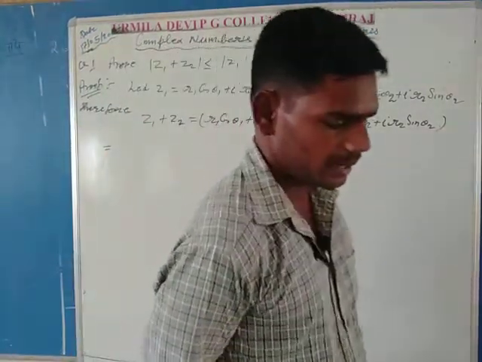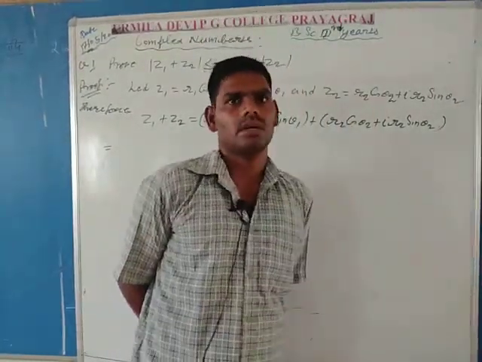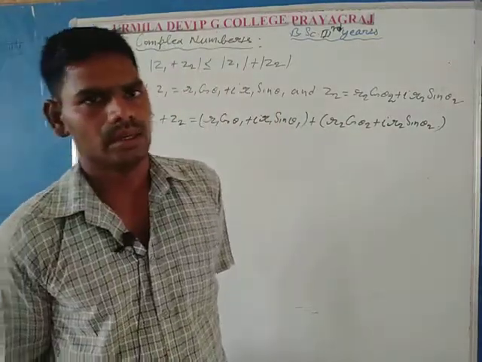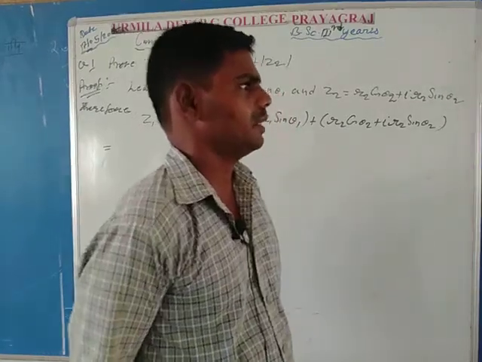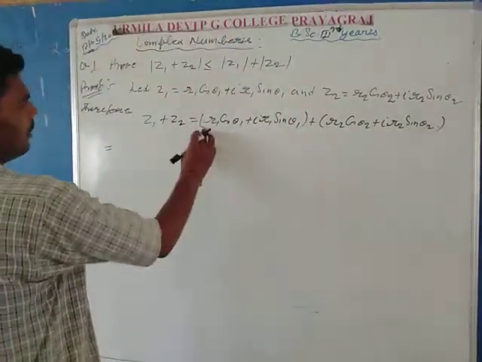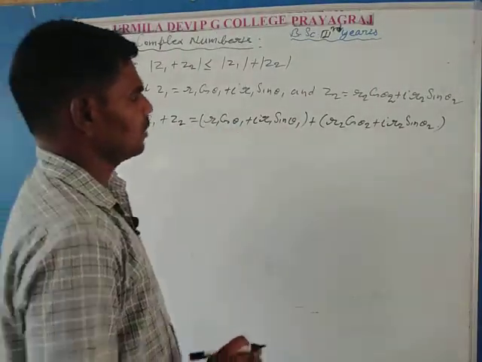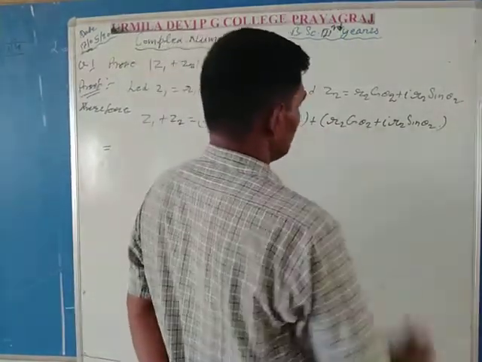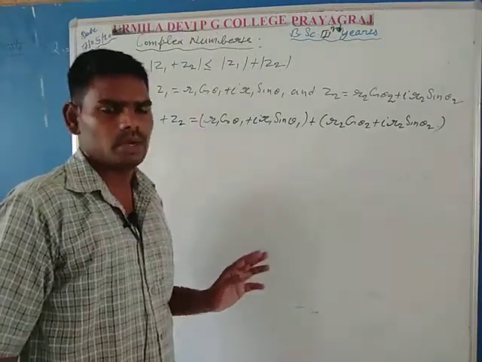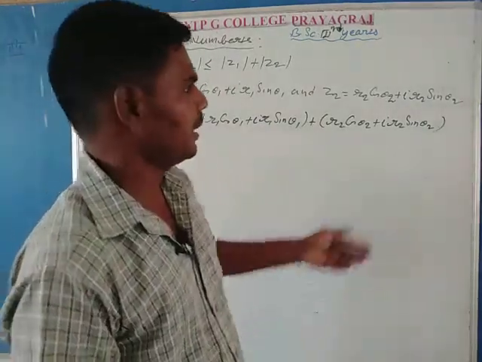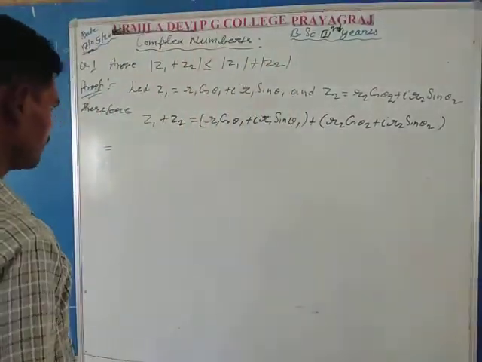according to the rules of addition of complex numbers, if you add two complex numbers, then the real part adds with the real part and the imaginary part adds with the imaginary part. So here R1 cos theta 1 is the real value of the first complex number Z1, and R2 cos theta 2 is the real value of the second complex number. R1 sin theta 1 is the imaginary value of the first complex number Z1, and R2 sin theta 2 is the imaginary value of the second complex number.